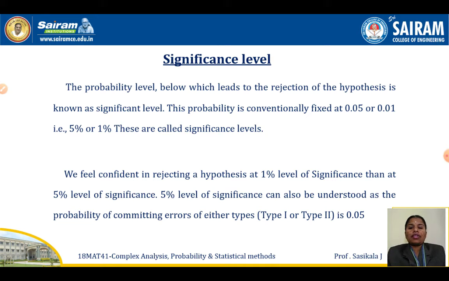So usually the significance level is fixed at 5% or 1%. We feel more confident in rejecting a hypothesis at the 1% level of significance than at the 5% level. The 5% level of significance can also be understood as the probability of committing an error of either type 1 or type 2 being 0.05.